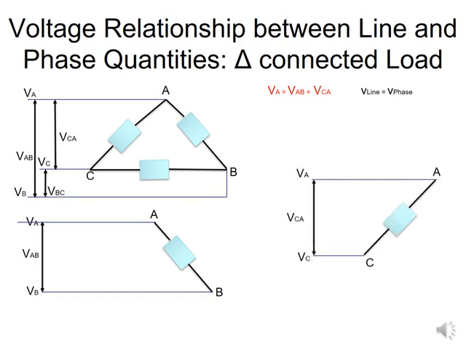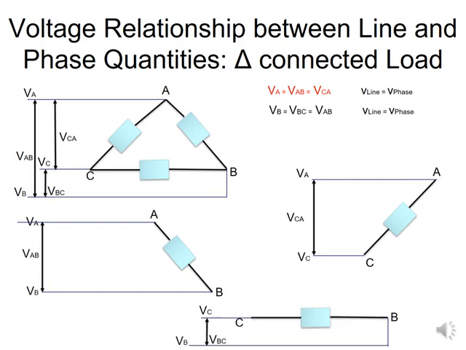Then if I show you across my C phase, between C and A, in fact, you can see that I've got also VA is equal to VCA. So I can deduce that my line voltage is equal to my phase voltage in this case. Then looking again at the first one that I drew in, my VB can be seen to be the same as my VBC. I've just drawn that one in.